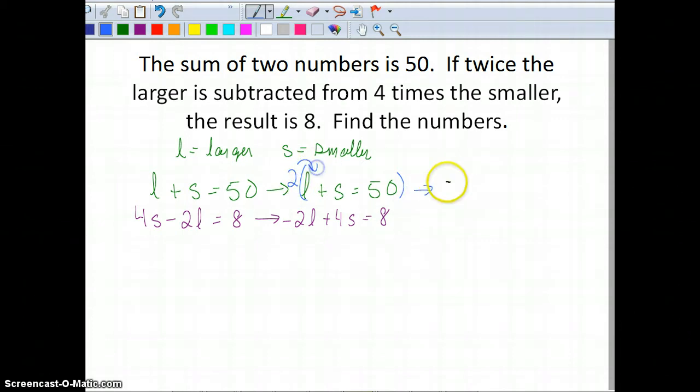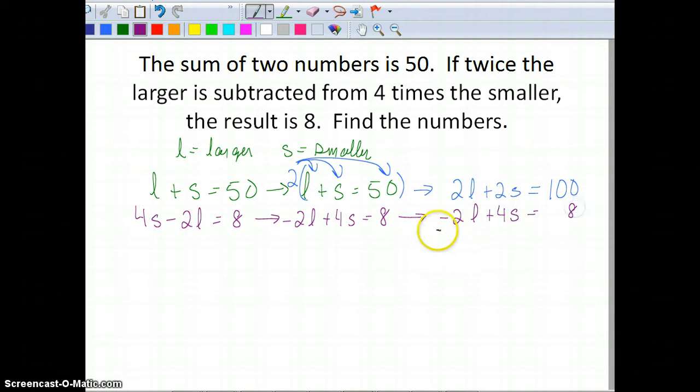So 2 times L gives me 2L. 2 times S gives me a positive 2S. Bring in my equal sign, and 2 times 50 gives me 100. Now I'm going to bring my other equation over. So I have negative 2L plus 4S is equal to 8.